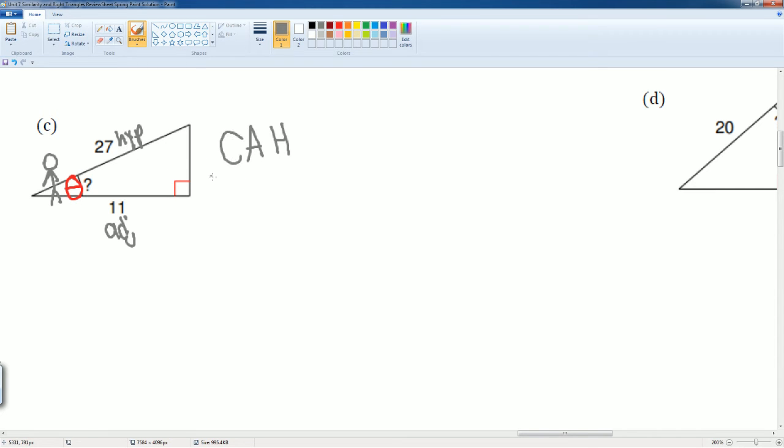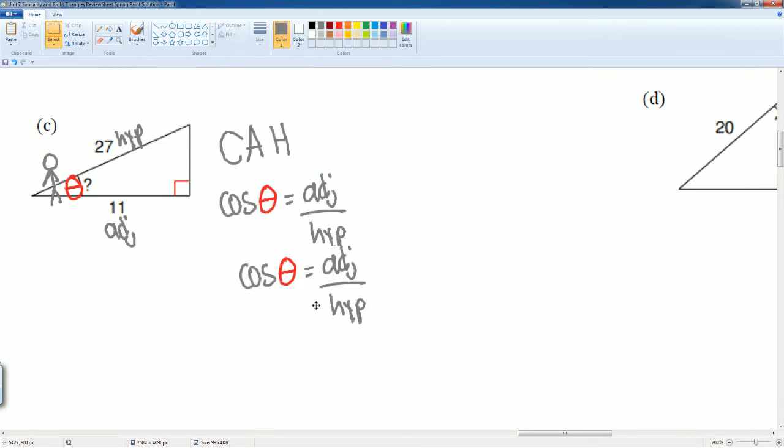This is going to be your CAH, or your cosine. Cosine of theta is equal to your adjacent, ADJ, divided by your HYP, your hypo. Let's now solve. Your adjacent is the value of 11, and your hypo, HYP, is your 27.